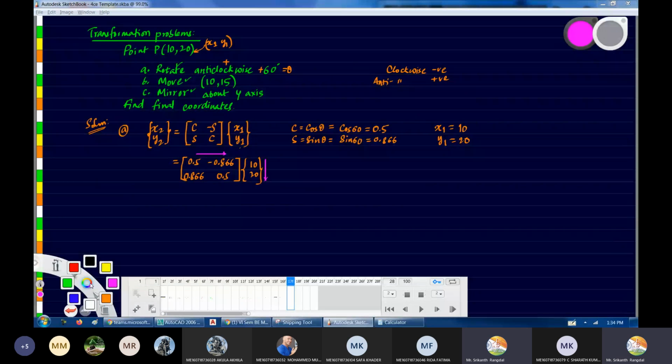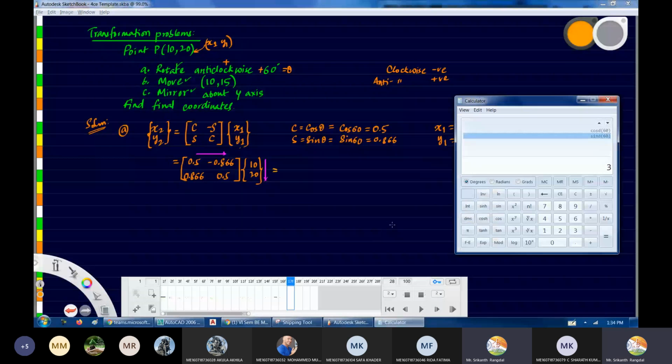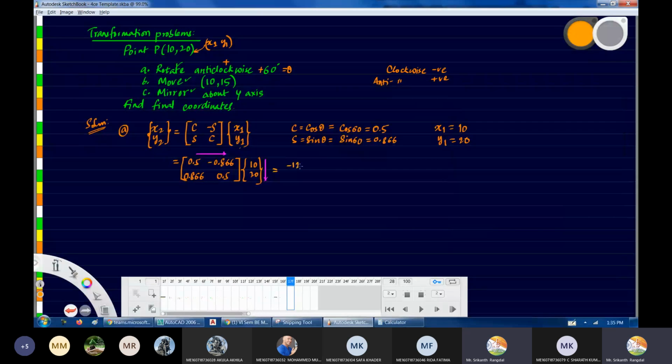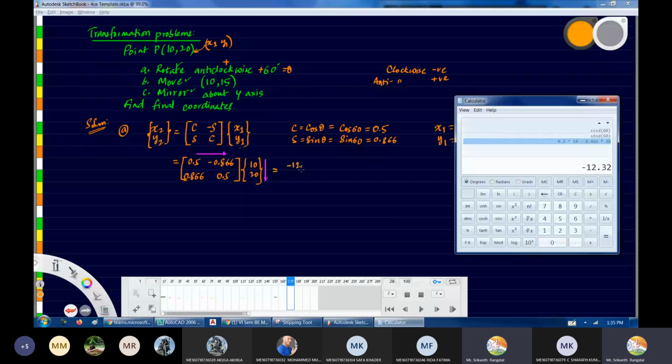So do this. So 0.5 into 10 minus 0.866 into 20. So this is what we will get here in the upper side, minus 12.32.